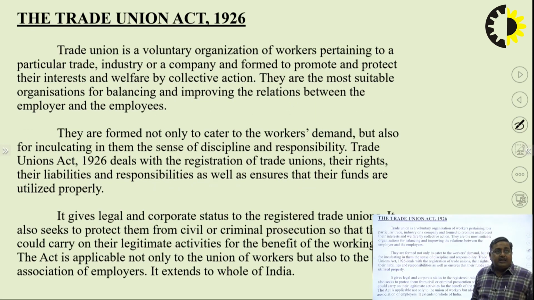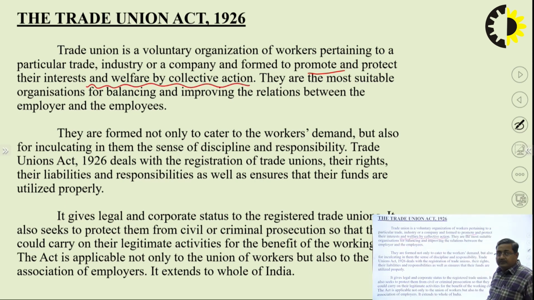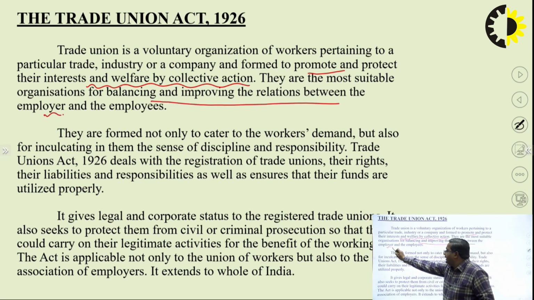Trade Union Act 1926. A trade union is a voluntary organization of workers pertaining to a particular trade, industry or company, formed to promote and protect their interest and welfare by collective action. They are the most suitable organizations for balancing and improving the relations between the employer and the employee.